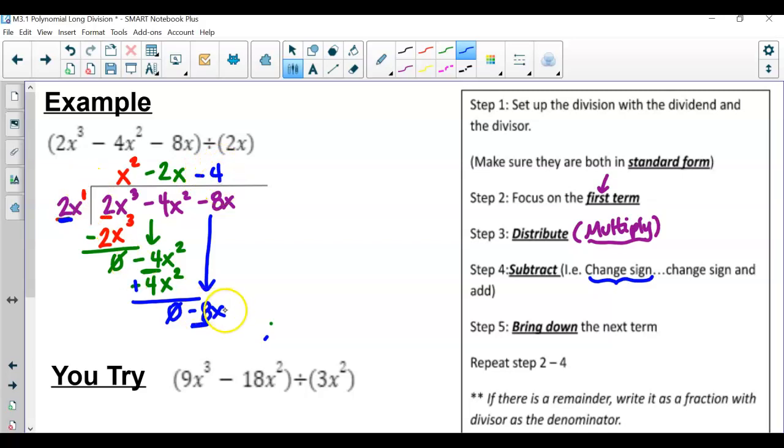Then x and another x, so I don't need any more x's, I'm good. When I multiply, you do get that negative 8x. But then, of course, we change the sign. So now that's 0, so I have a remainder of 0. So 2x is a factor of that polynomial because you ended up with a remainder of 0.